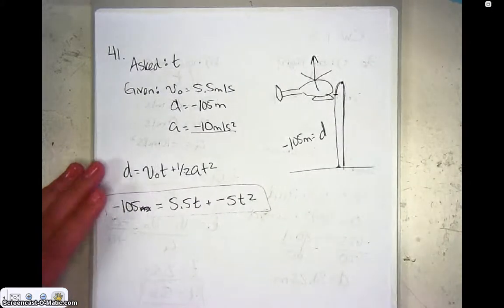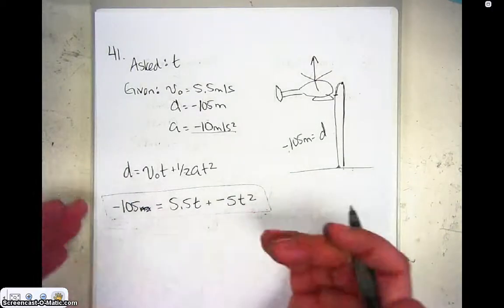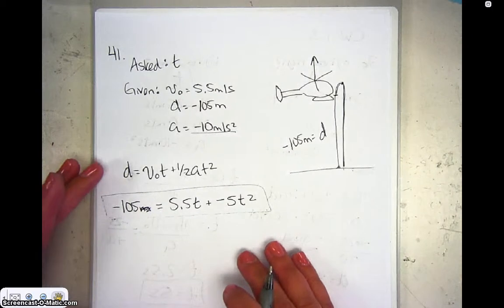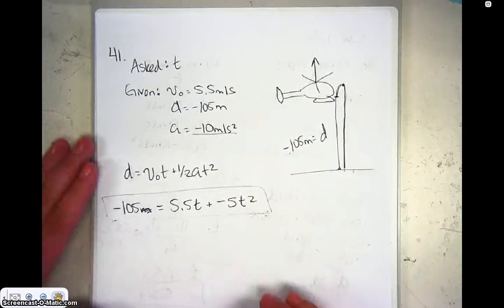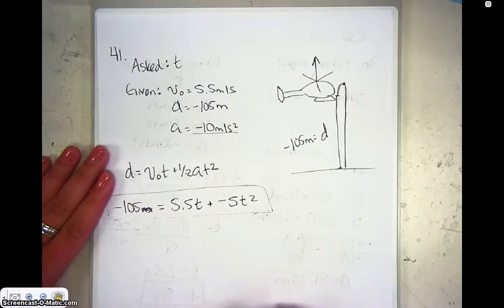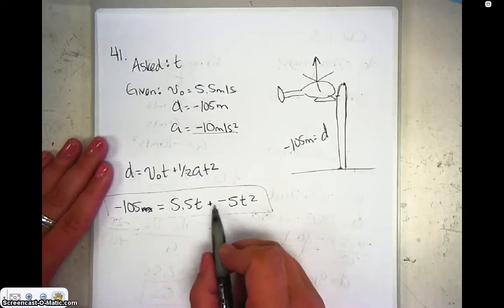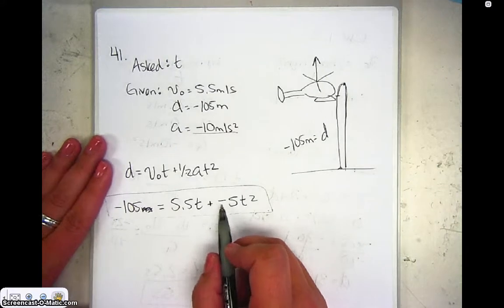So I'm going to rearrange this so it looks the right way to me. This looks backwards to me. I'm also going to factor it down to make it a little bit simpler. I'm going to add 5t squared over here.